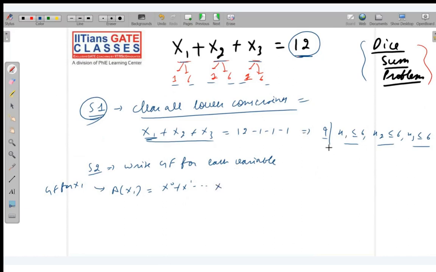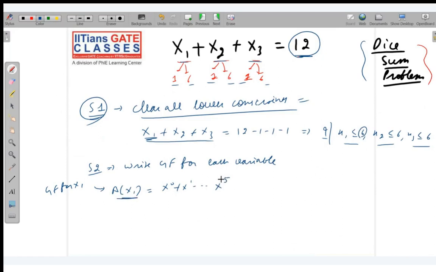What is the maximum value it can take? 6. So I can go till 6, so I will write x power 5. Why? Because from 0 to 5, counting is 6. Are you getting it? Generating function for x1.